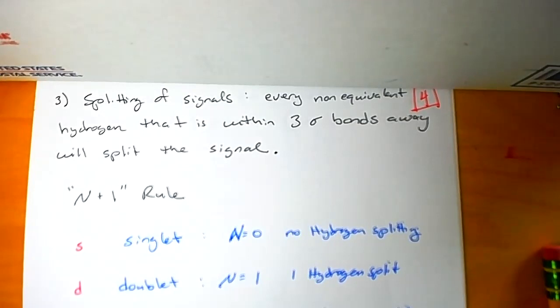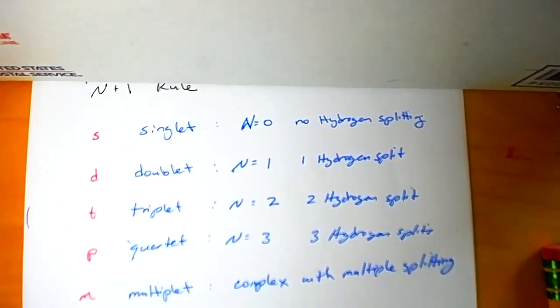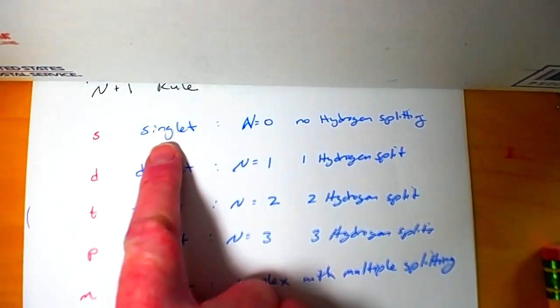So if there are no non-equivalent hydrogens within 3 sigma bonds of a hydrogen, then there's no splitting, and that peak is described as a singlet.